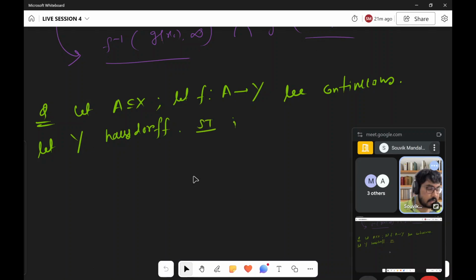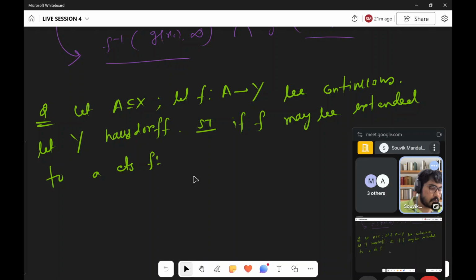Show that if f may be extended to a continuous function g from A closure to Y, then g is uniquely determined by f.